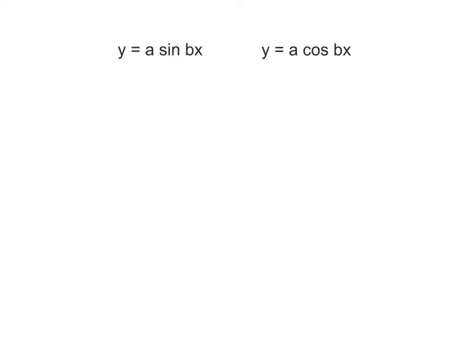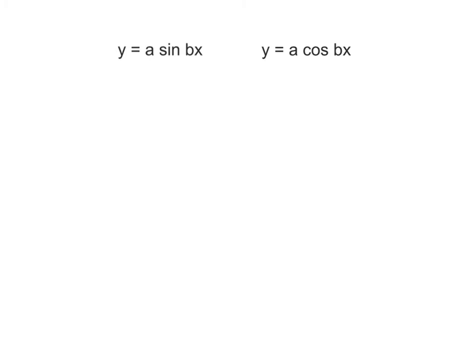Now, if we generalize the functions a bit further and say we have y equals a sine bx, where b is some constant number, or y equals a cosine bx, then a represents amplitude, and now we have some constant b times x. Then we can talk about the period of the function.